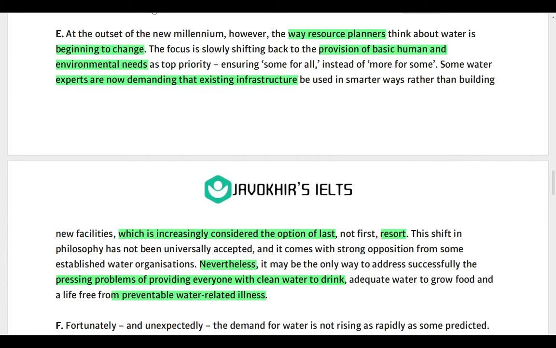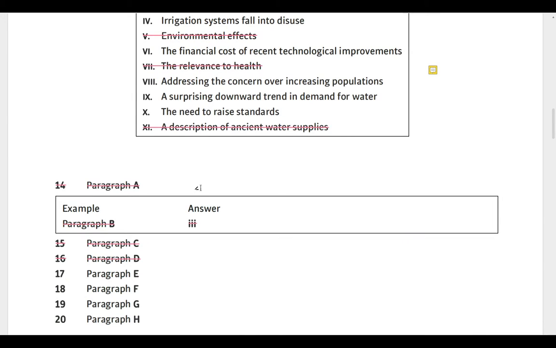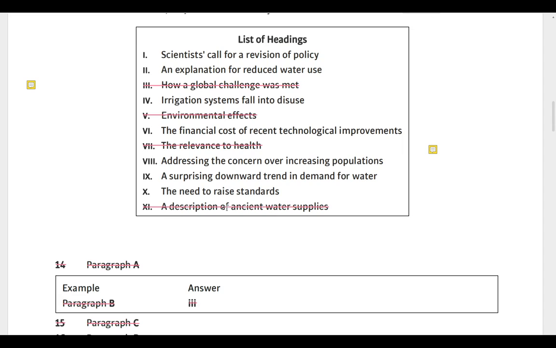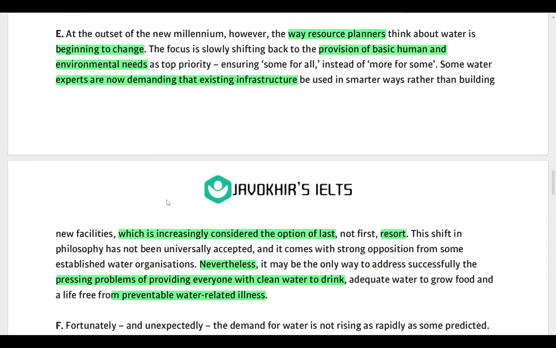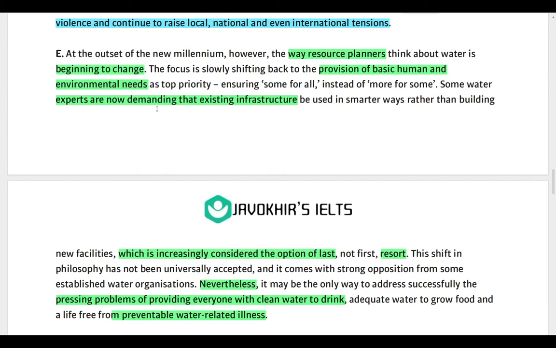So paragraph E would definitely be the first one. Scientists call for revision of policy because they are demanding that existing infrastructure be used in smarter ways.